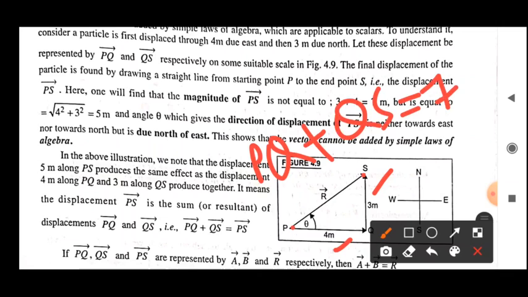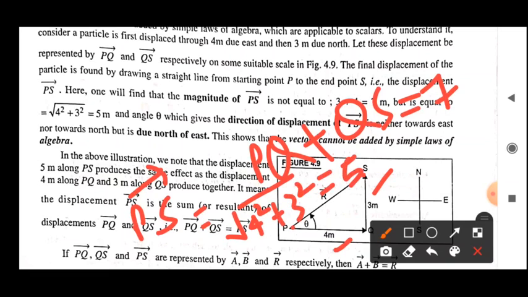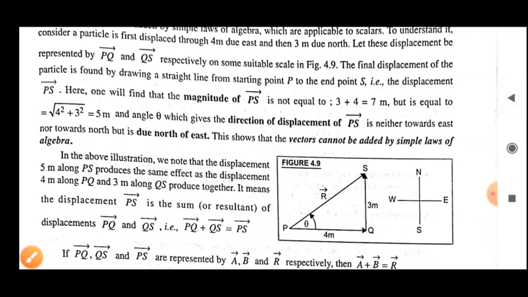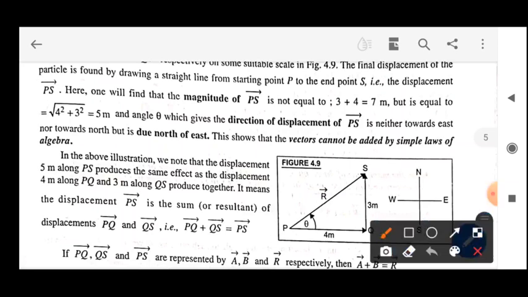But you can find the distance of PS by the Pythagoras theorem. The magnitude of PS is calculated as the square root of 4 squared plus 3 squared, which is 5, and this is the real answer. Our particle has actually been displaced from its initial position by 5 only, not by 7.